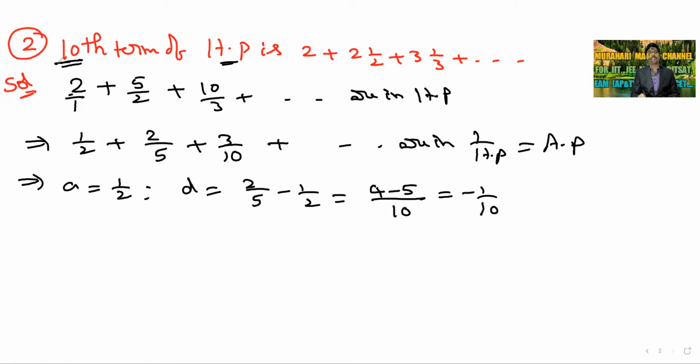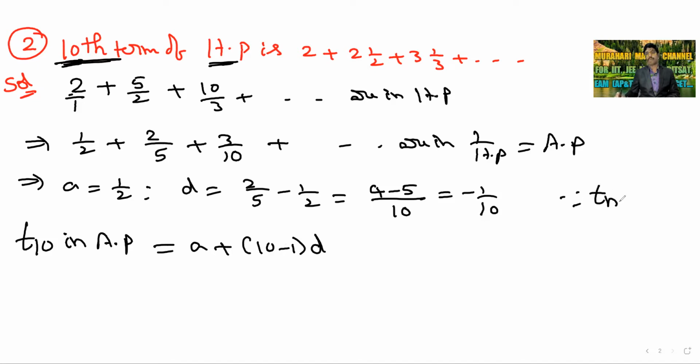But our target is the 10th term in HP. First, we have to find the 10th term in AP. What is the formula? Tn is equal to A plus (n minus 1) into D. So T10 is equal to A plus (10 minus 1) into D, where A is the first term, 1 by 2.